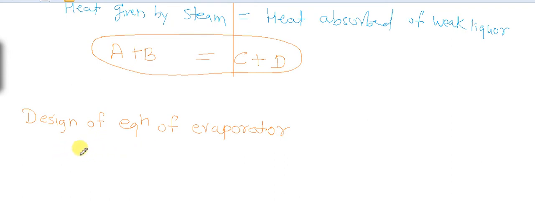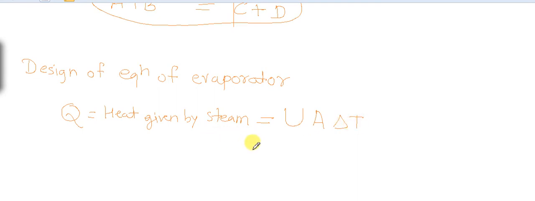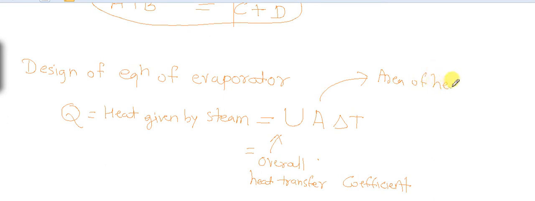And this design equation of evaporator is Q, that is heat given by steam, equal to U A delta T, where U is called overall heat transfer coefficient, A is called area of heat transfer, and delta T is temperature difference.